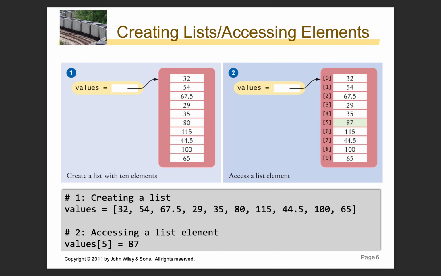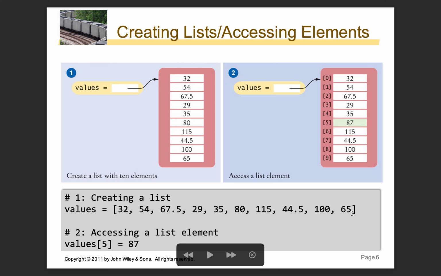Just like with strings, we index from 0, so we have our 0th entry, our 1st entry, our 2nd entry, 3, 4, 5, 6, 7, 8, 9. In part 1 here, we create a list. This list has 10 items, so we say values equals open square bracket to indicate we're using a list, and then give it some initial values. Our 0 index is 32, our 1 index is 54, our 2 index is 67.5, and so on.